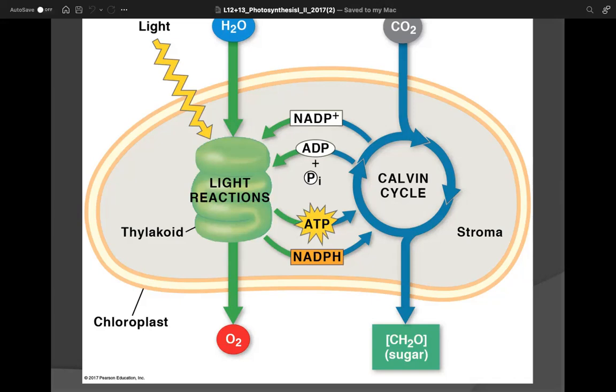You can also see really well here how ATP and NADPH are in this kind of cyclical pathway, the same way as our Krebs cycle or cellular respiration in general. If you remember those molecules, NAD, FADH, and ADP to ATP are all reused.